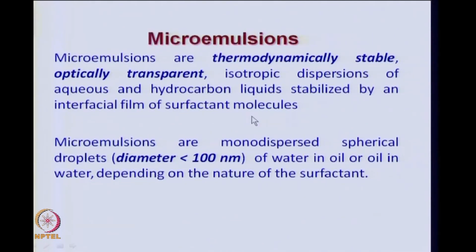Normally, the aqueous and the non-aqueous will not mix, but how to make them mix is through a film of surfactant molecules. Now, these surfactant molecules normally have a hydrophilic head and a hydrophobic tail, like soap molecules which you use in your daily life.